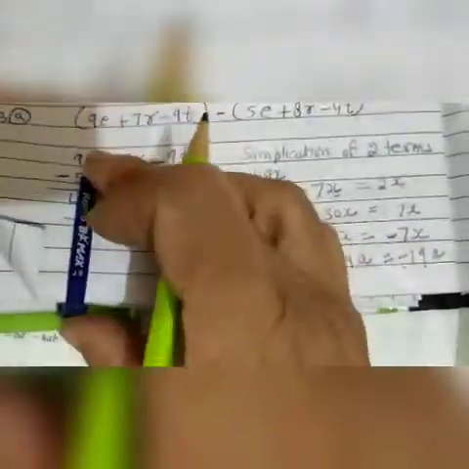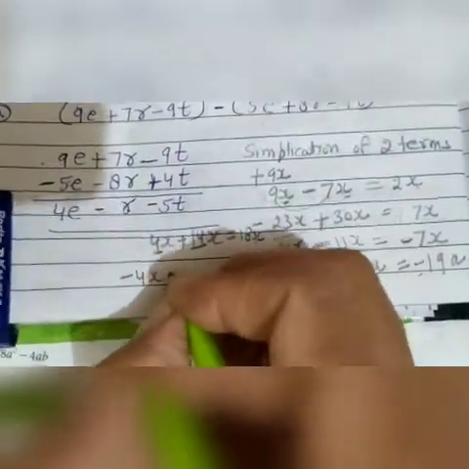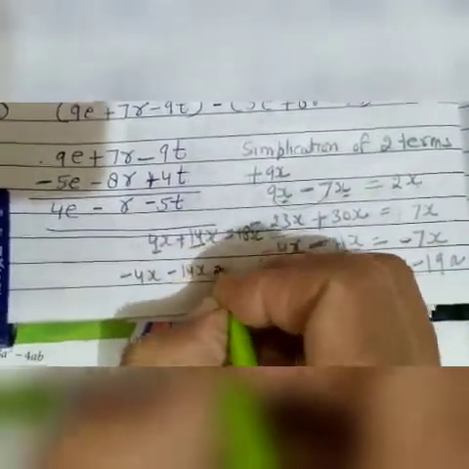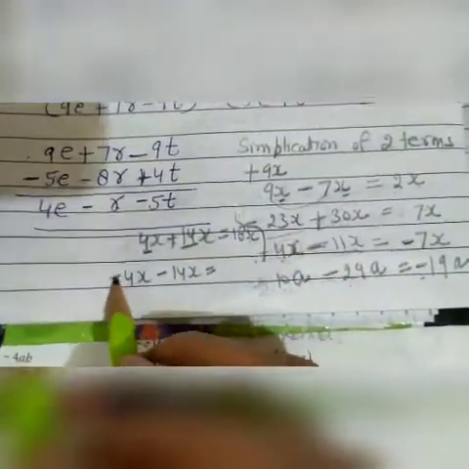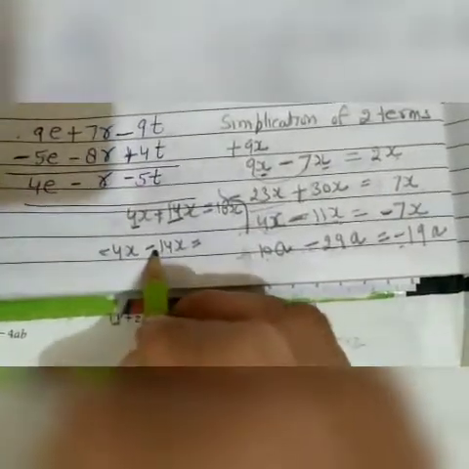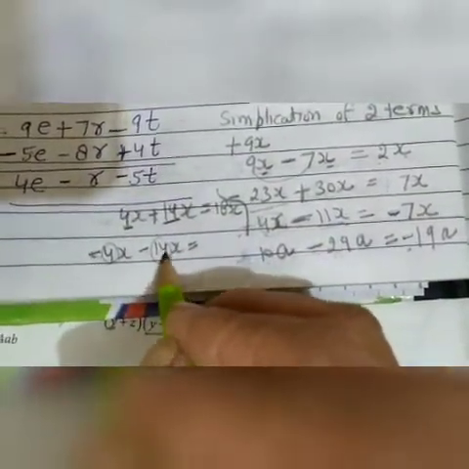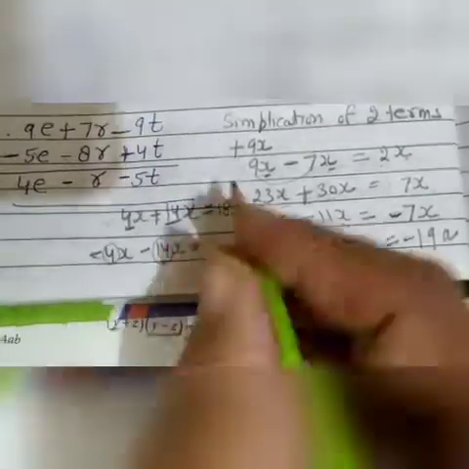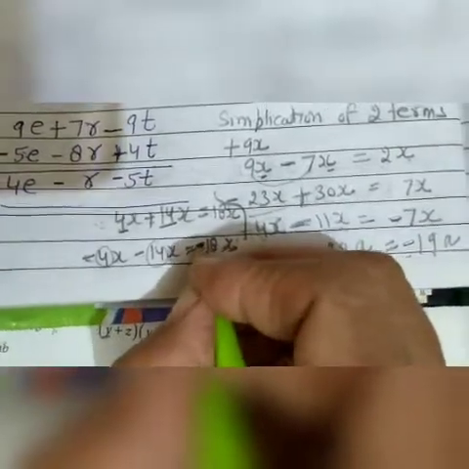But suppose it is minus 4x and minus 14x. This time both the signs are minus minus. If two signs are minus minus, then again add their numbers. 4 plus 14, 18x, but this time the sign will be minus.